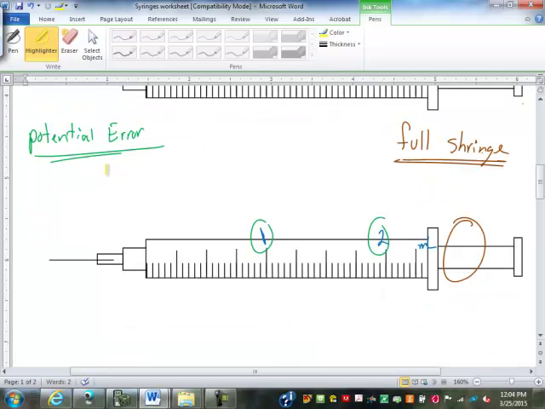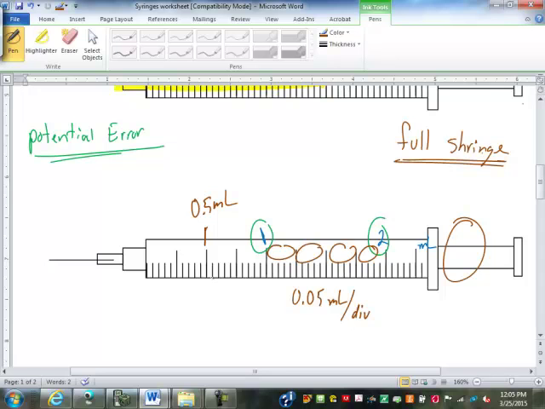If we were in a situation where we had to use this syringe to do it, once again, we'd have to figure out the amount per marking. We've done that here. Each of those markings is 0.05 milliliters per division. We can look between the 1 and 2 here and realize each of these major divisions is a quarter of a milliliter. So that would tell us this one here is probably 0.5 milliliters.